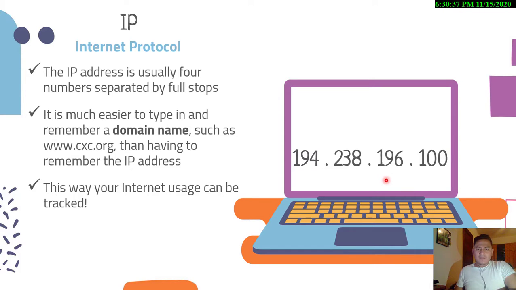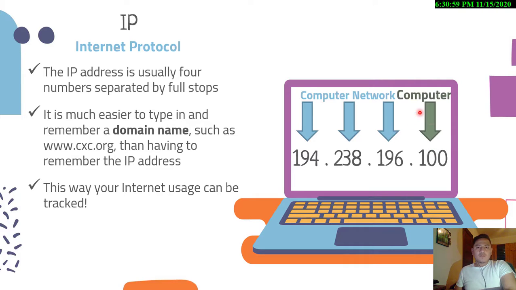Now the first 2 or 3 numbers usually identify the computer network, while the remaining numbers represent the computer that is being sent, the computer that you're using.